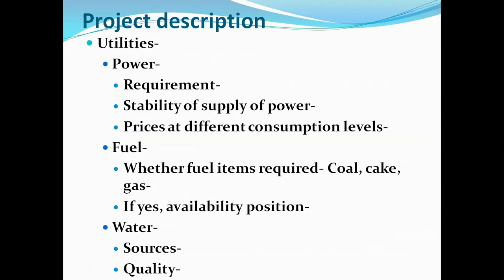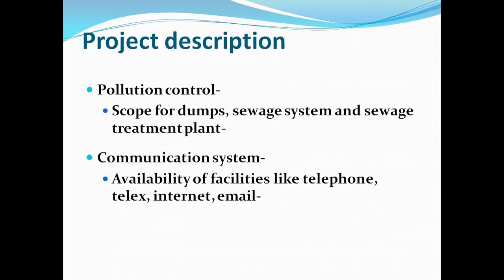So power, then what is actually the requirement? So whether you need a separate transformer, stability of the power supply, prices at different consumption levels, then fuel, then its availability, water, everything, basic infrastructural facilities.